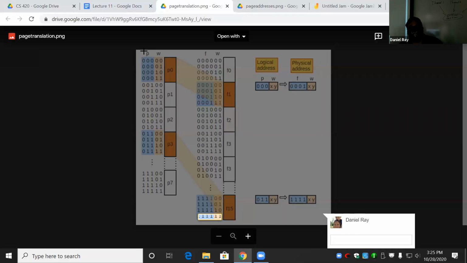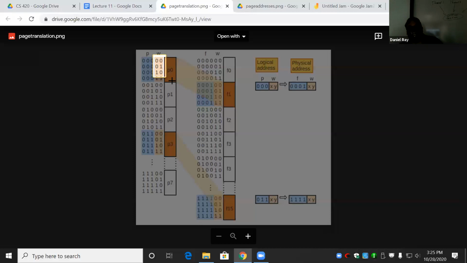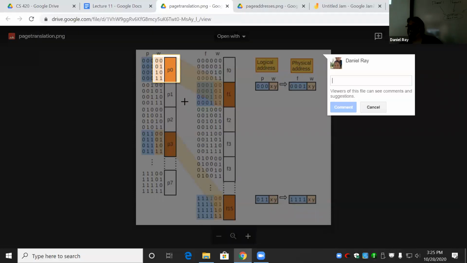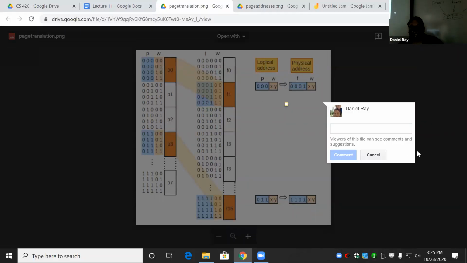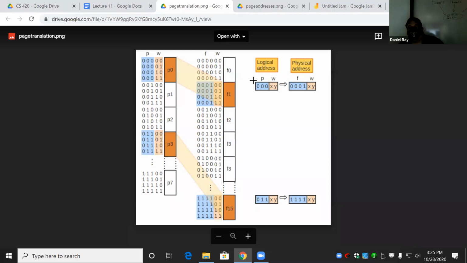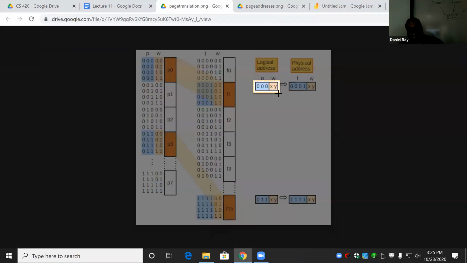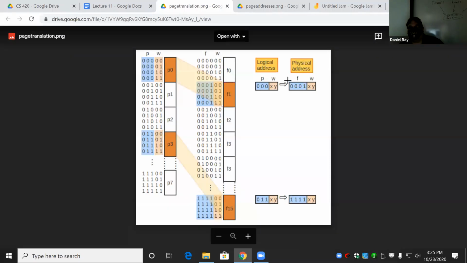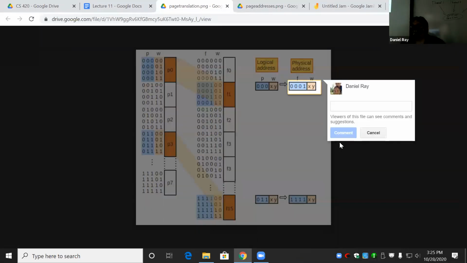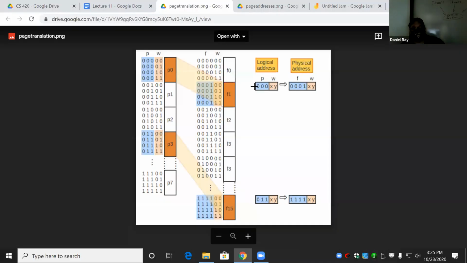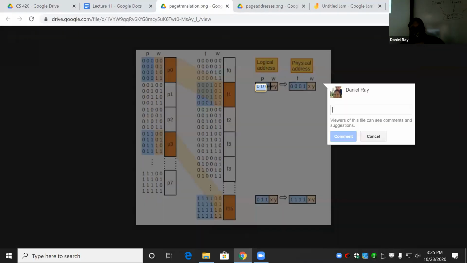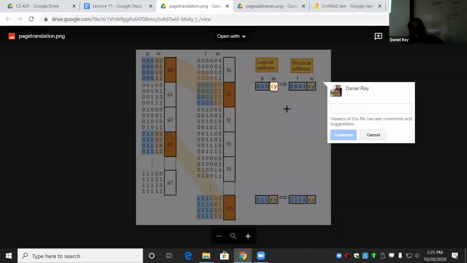Well, that's good because these pages, which need to go in those frames, are all also of size 4. So how do we turn a logical address into a physical address? We take the logical address, in this case 000, and then some offsets, X and Y.